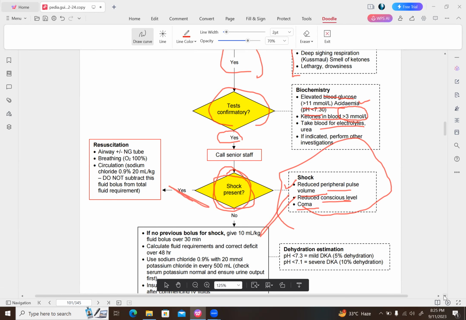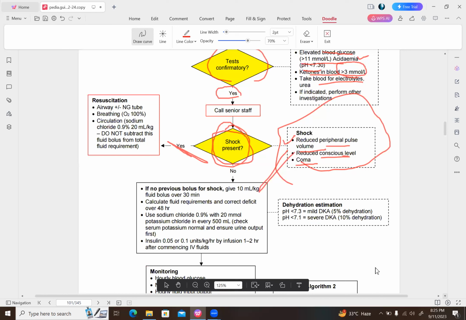Whenever there is shock, you give a bolus of 0.9% sodium chloride 20 ml per kg, which you do not subtract at the end.